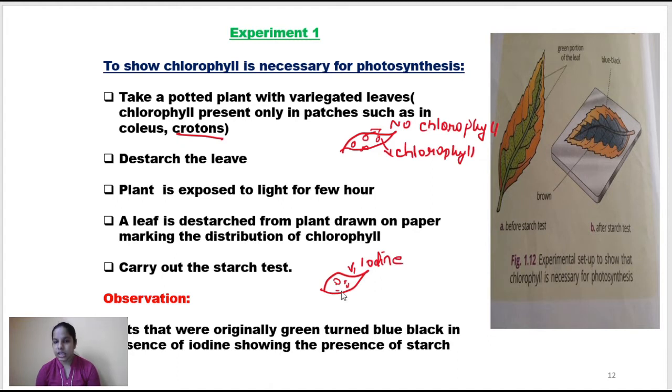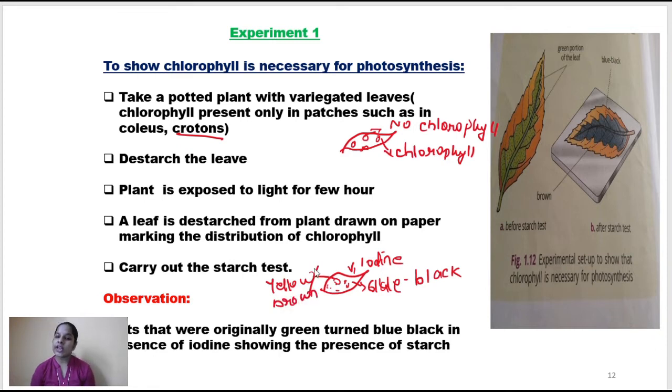What will we see? Wherever the chlorophyll is present, the color turns blue-black, and the portion which is non-green, or does not contain chlorophyll, is yellow or brown in color.